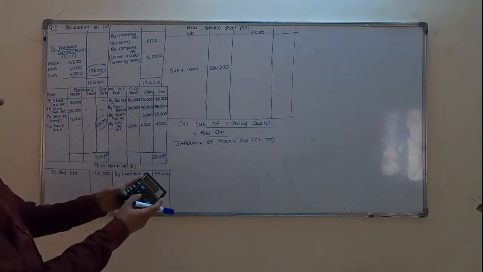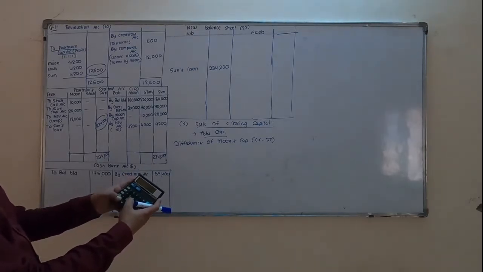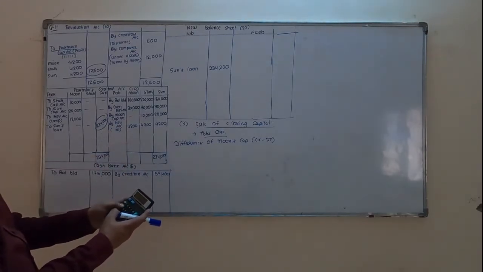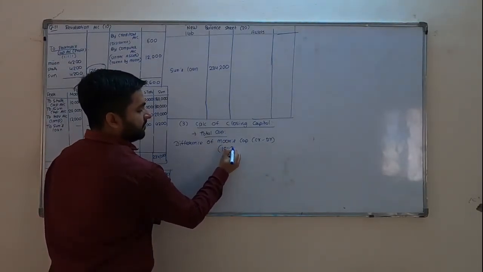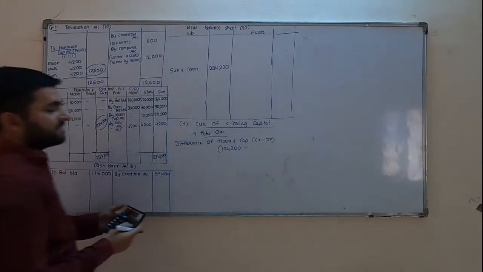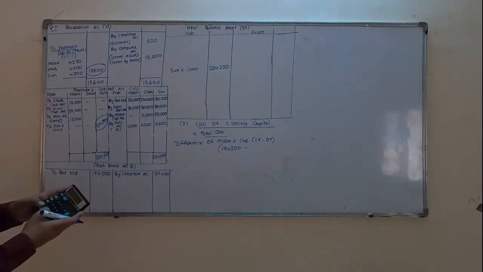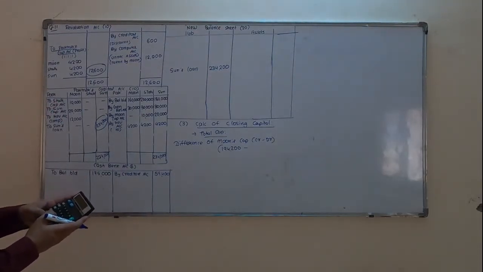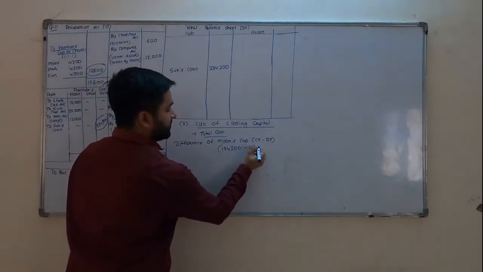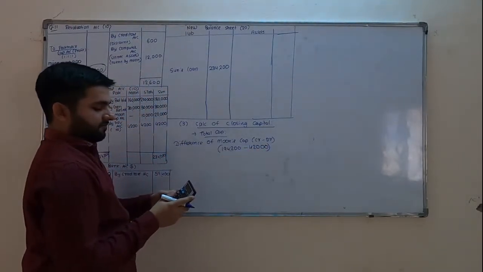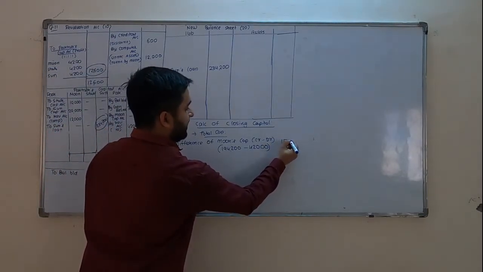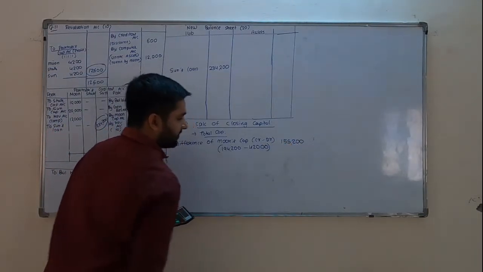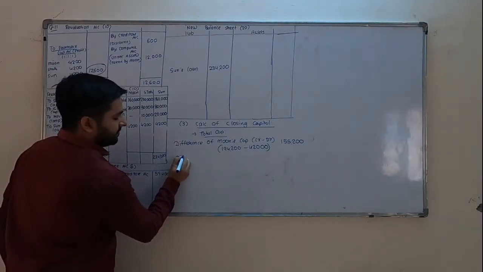So for Moon, 1,60,000, 30,000 and 4,200 is 194,200. Credit side total minus debit side total: 10,000, 2,000, 20,000, 12,000, 42,000. So what is the difference? 1,94,200 minus 42,000 is 1,55,200.